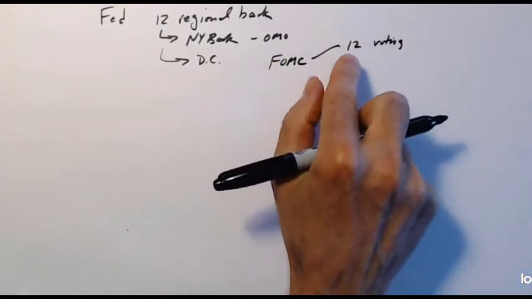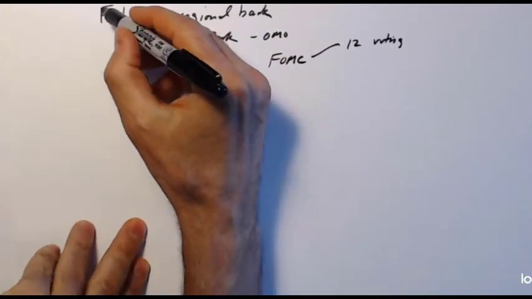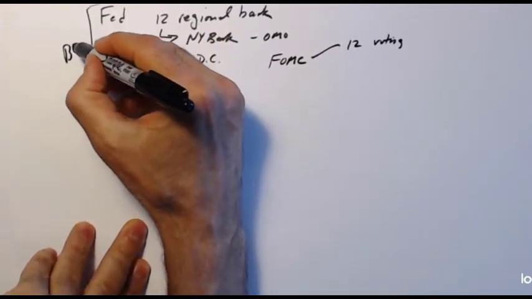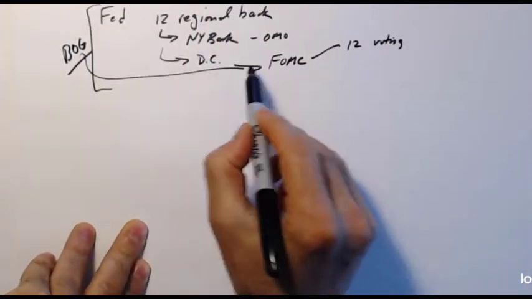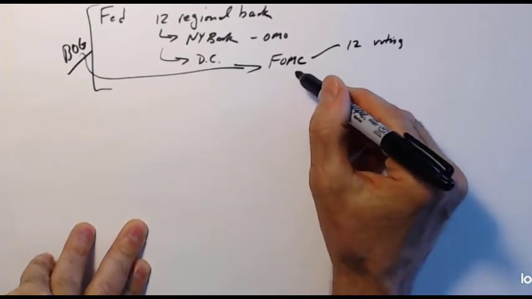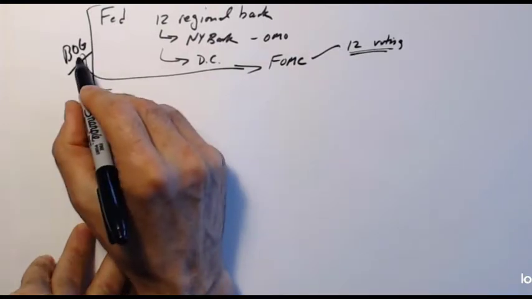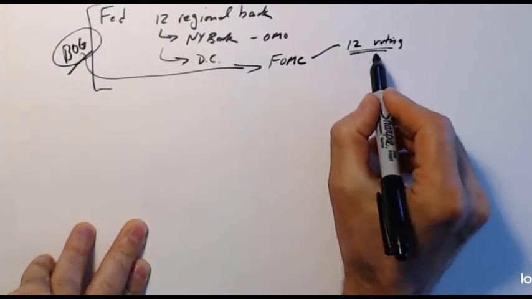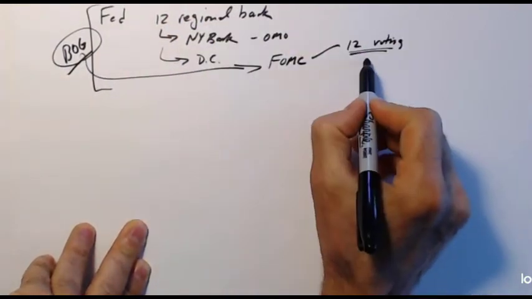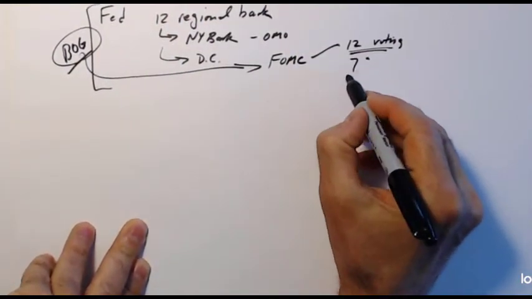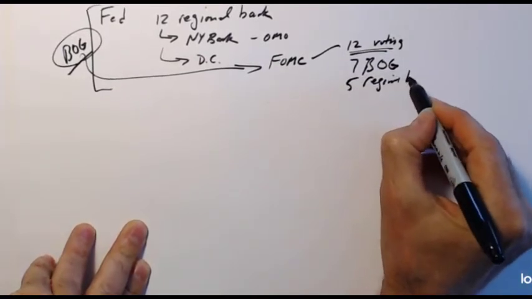The Board of Governors, by the way, oversees the entire Fed, and the Federal Open Market Committee sits underneath it. Seven of those voting members come from the BOG, and five are regional bank presidents.